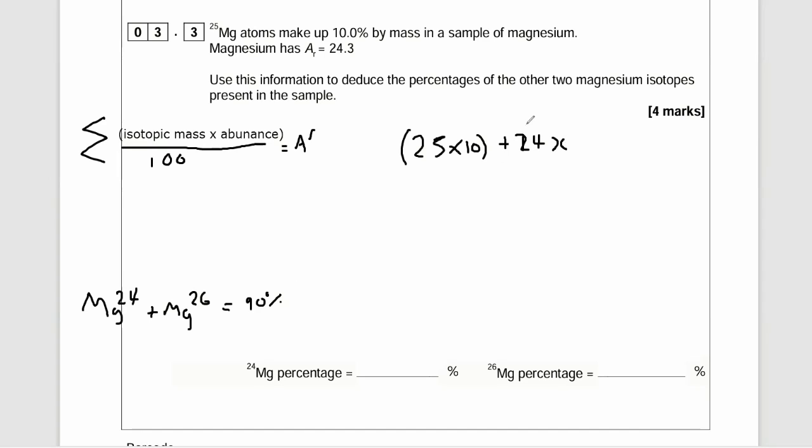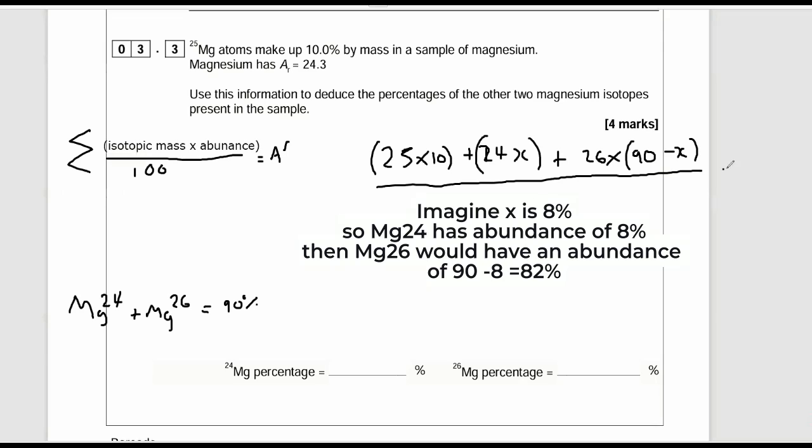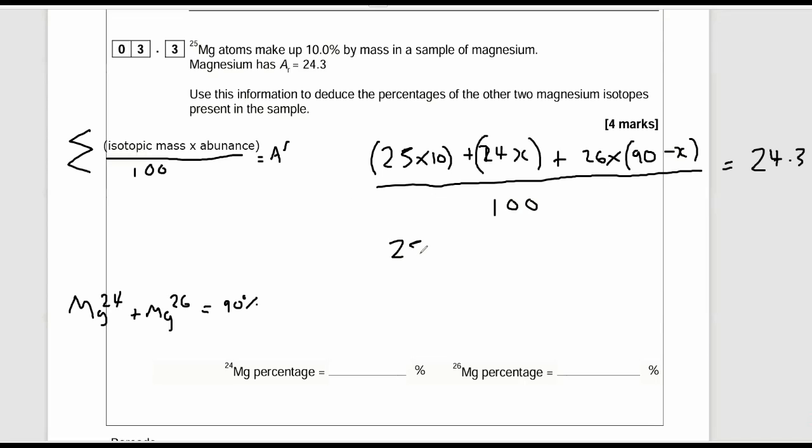So we can make an assumption that the abundance of magnesium 24 is X, and therefore the abundance of magnesium 26 is 90 minus X. Now, just to explain what that means, imagine that the abundance of magnesium 24 is 8%, so X is 8%. Then the abundance of magnesium 26 would be 90 minus 8, which would be 82%.